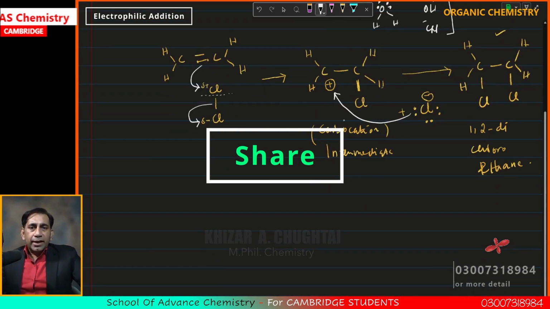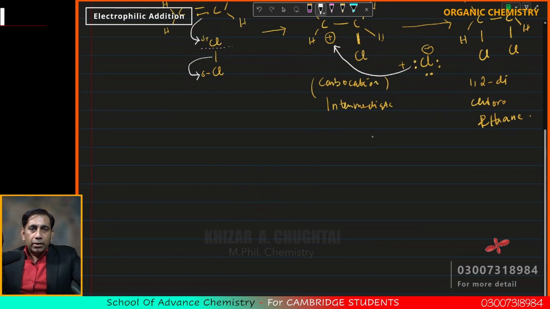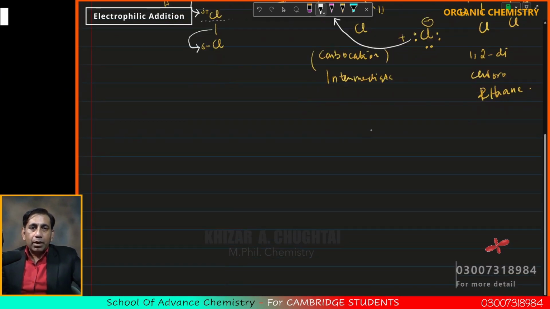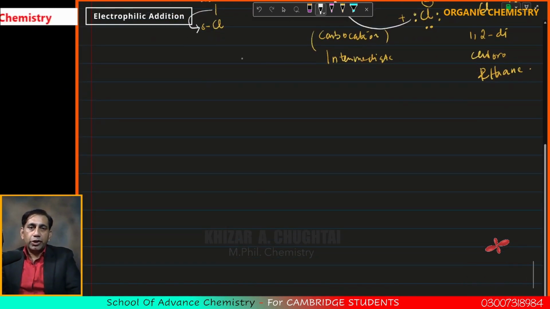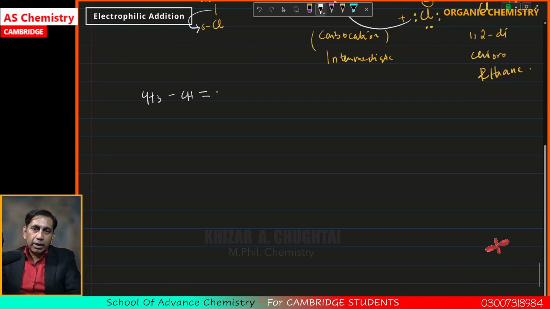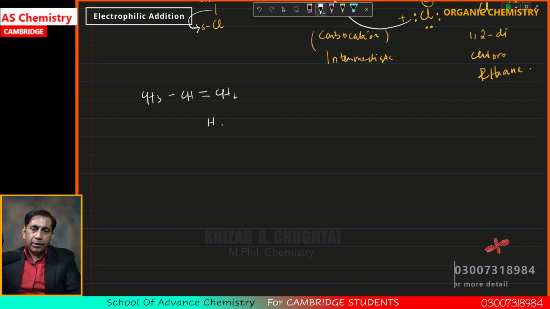Now come towards another example. This time I'm going to add HCl, but I'm changing the alkene as well. For example, I'm having propene, CH3CH=CH2, and I'm going to react it with HCl.